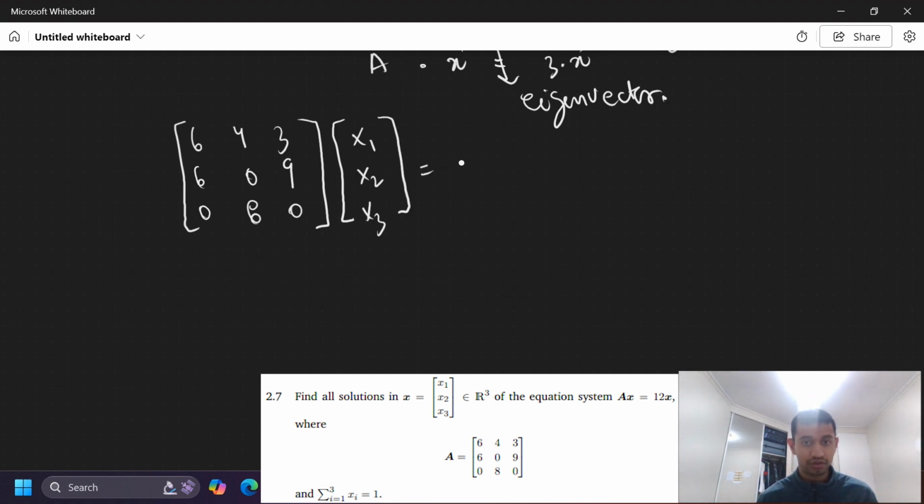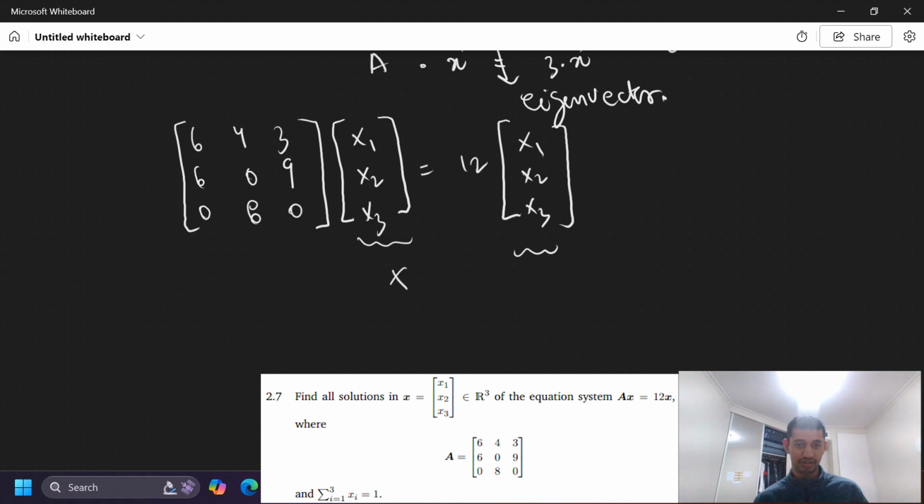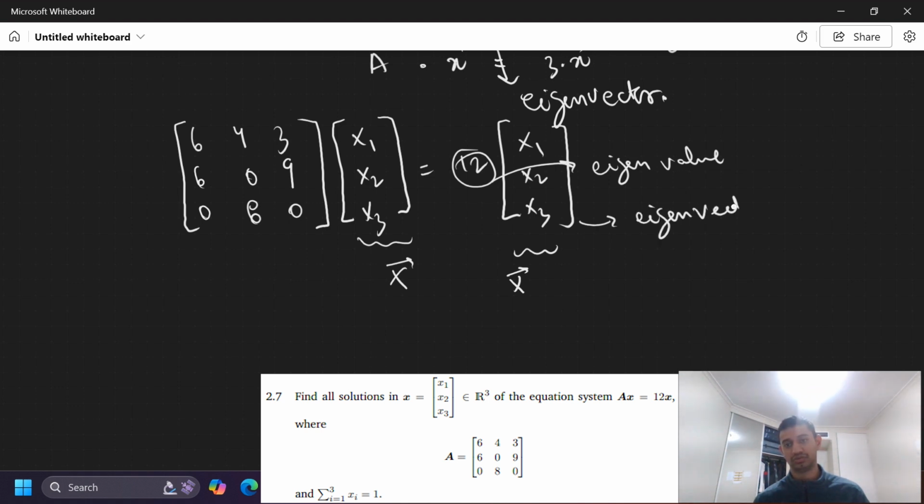These are your unknowns, and that is 12 times x1, x2, x3. Again, notice that this is a square matrix, and this vector is the same x vector on both sides, and this when multiplied with this is giving this scalar, so you have something similar to before, and this would be called an eigenvalue, and this would be called an eigenvector.